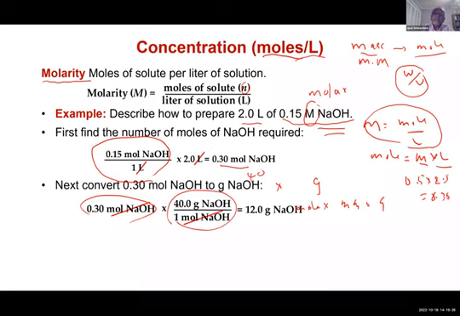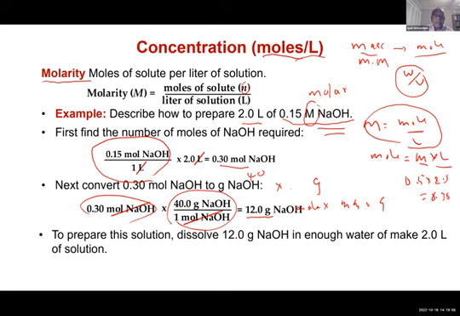So how do you make up a 0.15 molar sodium hydroxide solution? You take 12.0 grams of sodium hydroxide and add water to make 2 liters of total solution. That's how we make a 0.15 molar sodium hydroxide solution.